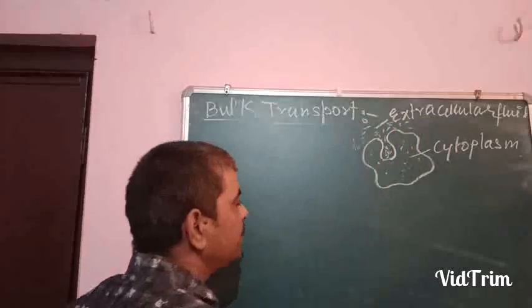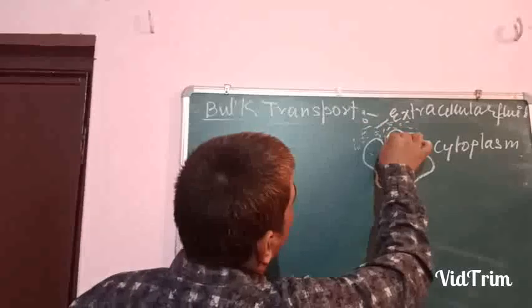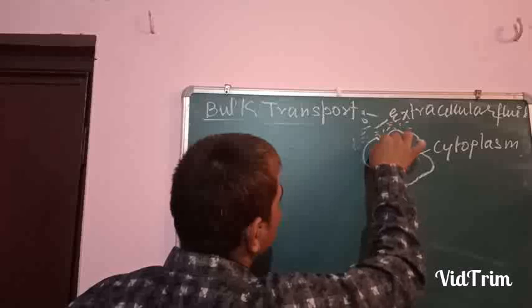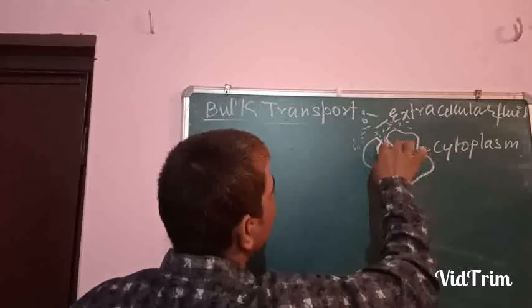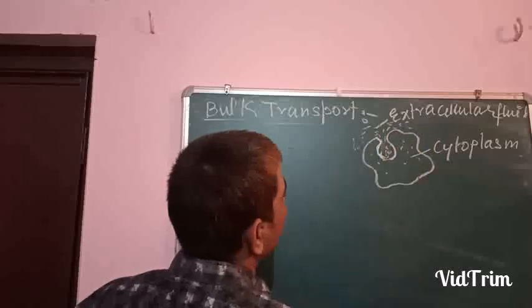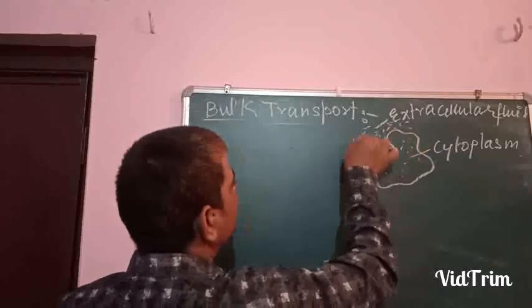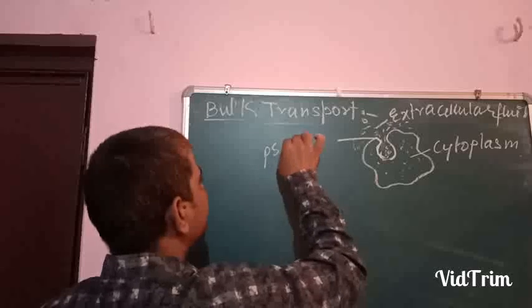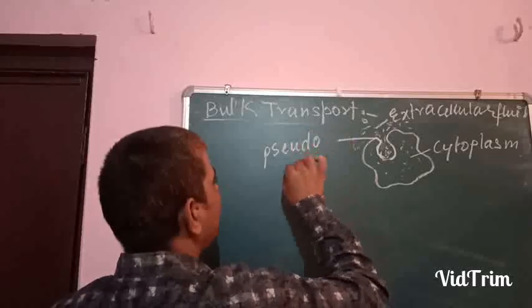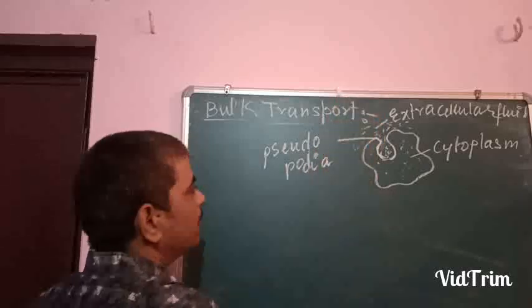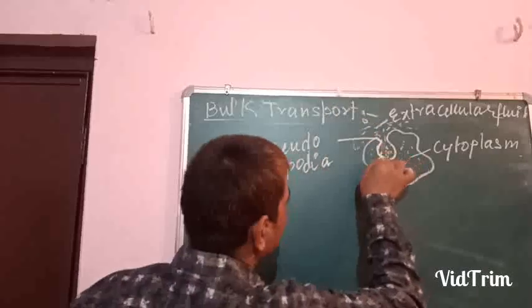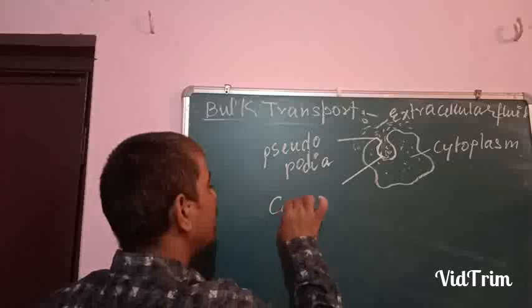This is the surrounding. So some materials are trapped. This protrusion is the pseudopodia. This vacuole that forms is called caveola.